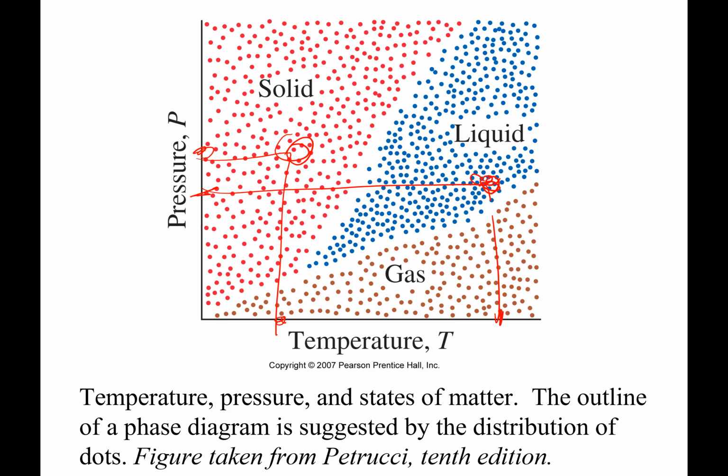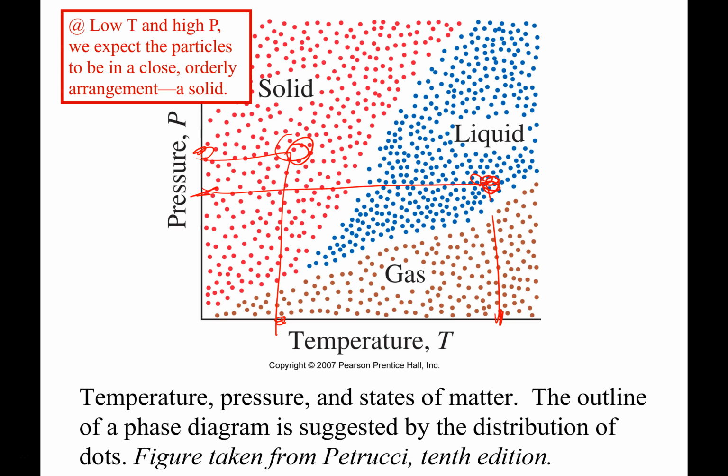And it kind of makes sense with some of the things we've talked about. If we look at the upper sector over there, the way this is laid out, we have increasing temperature from left to right along the x-axis, and increasing pressure going this way.